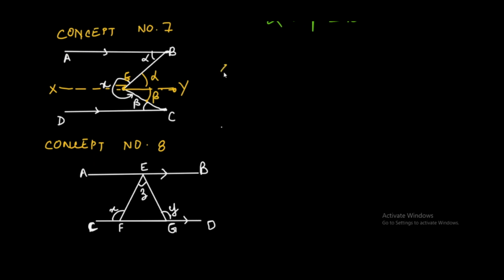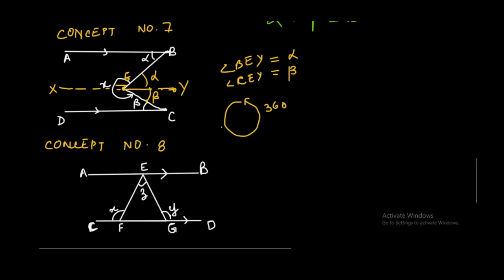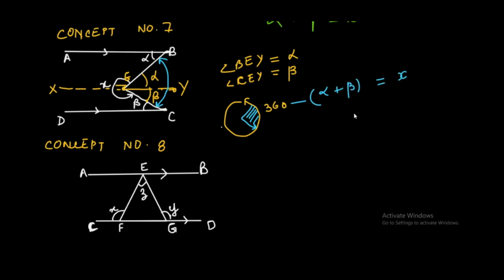So we conclude that angle BEY equals alpha, angle CEY would be beta, because of alternate angles, and a complete angle is 360 degrees. We have already calculated this particular angle, so we have to remove this area. For that we subtract alpha plus beta, and we would get x, the value of x.